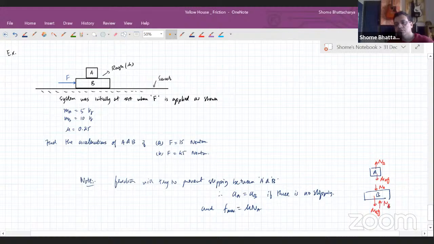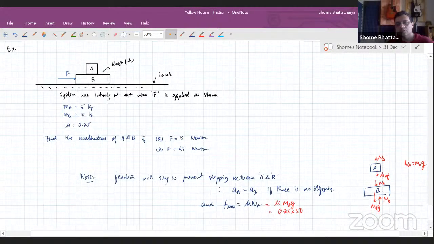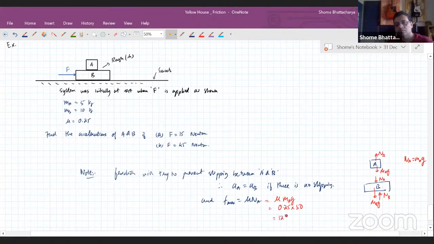So the friction is going to depend on that. So it is going to be mu times weight of A, because NA is equal to weight of A. So the maximum friction available to us is going to be 0.25, that is the coefficient of friction, into weight of A, which is 50 newtons. So 12.5 newtons. That is the maximum friction available.